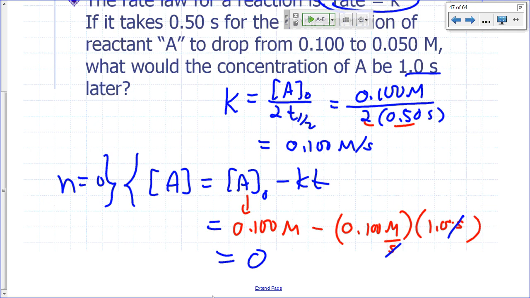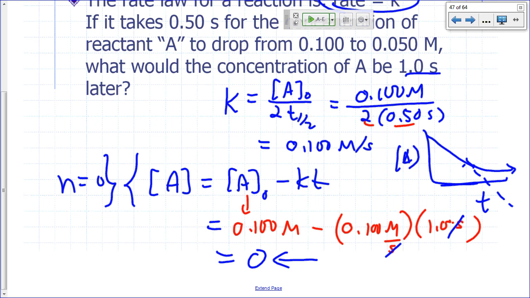After a while, the graph of the concentration of A versus time, instead of being a straight line, tends to curve. Okay, so this is the prediction if the trend were to continue. What do we know about concentrations of reactants? Eventually, they would level off. Okay, so they're not just going to continue going down linearly.